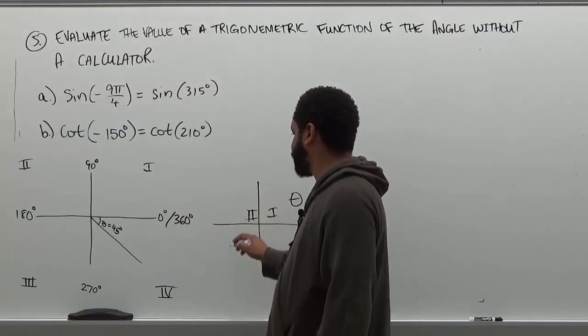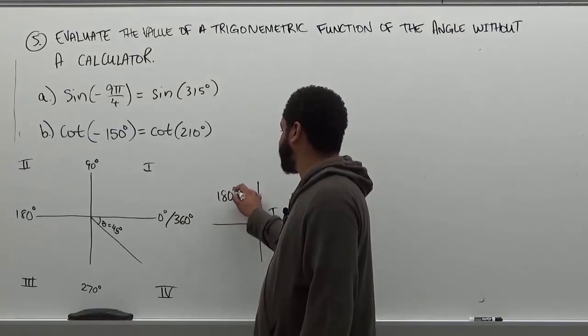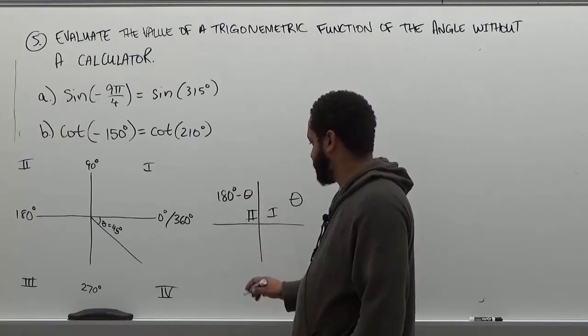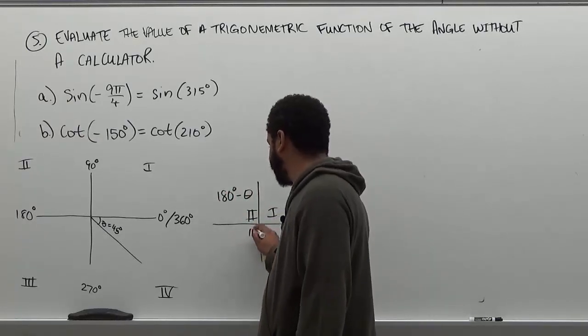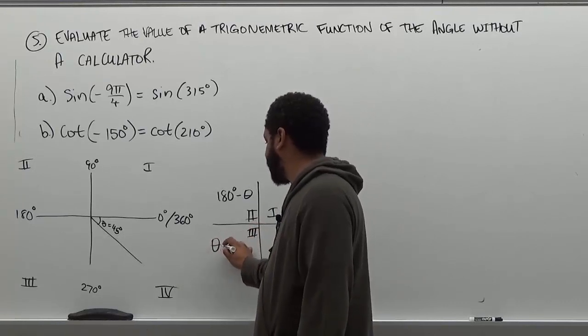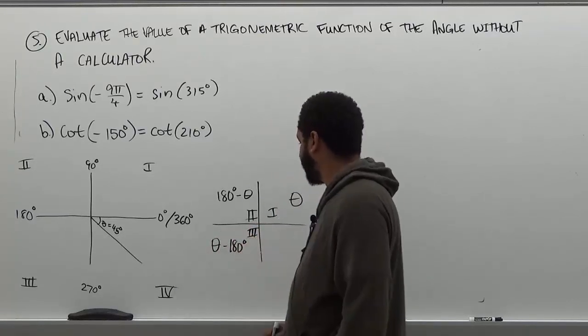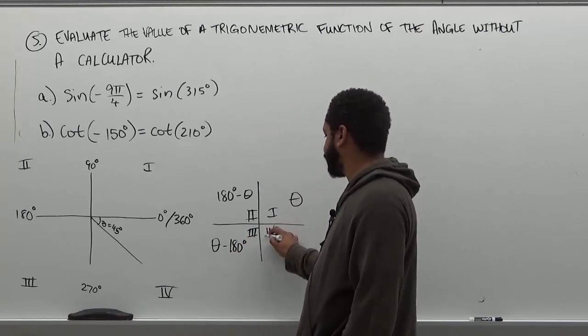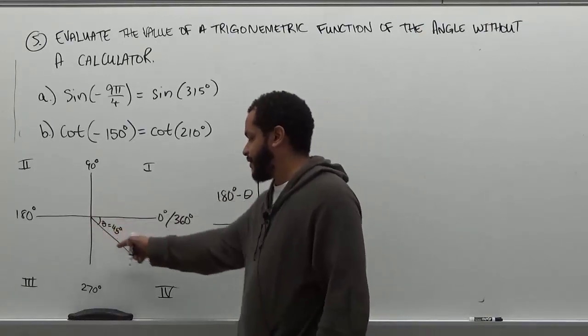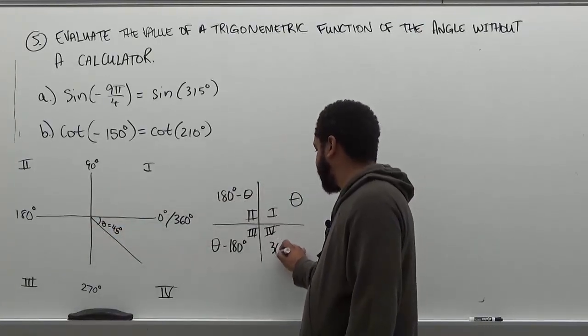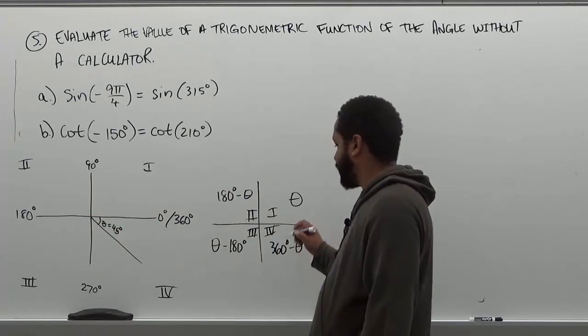When you're in quadrant 2, you take 180 degrees and subtract the angle theta. When you're in quadrant 3 here, you take the theta and subtract 180 degrees. And when you're in quadrant 4, and you could tell that based on where your angle lies, is taking 360 degrees and subtracting your angle.